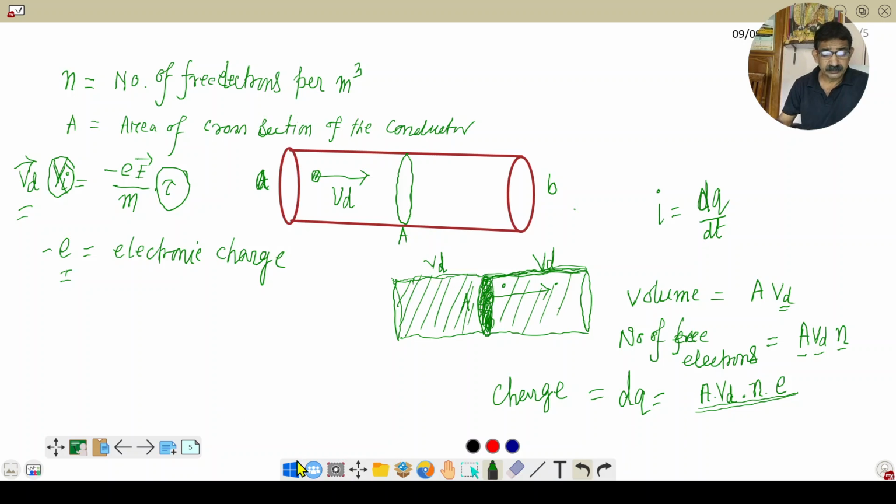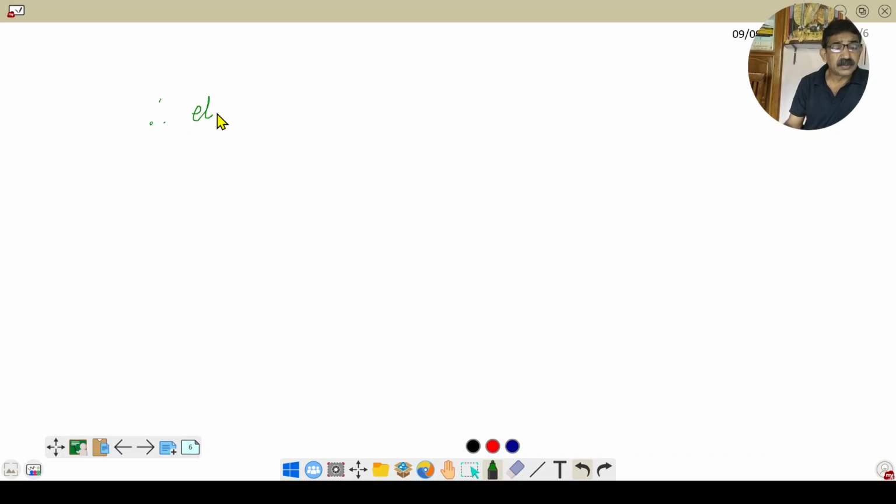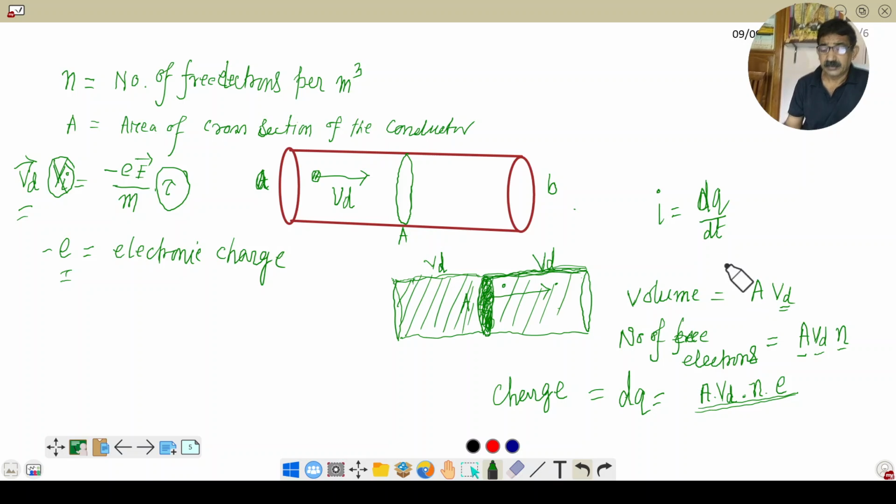Remember this expression: I dt is equal to dq, and that is equal to n e Vd into A. Electronic charge is equal to minus e, so this minus should be introduced here.